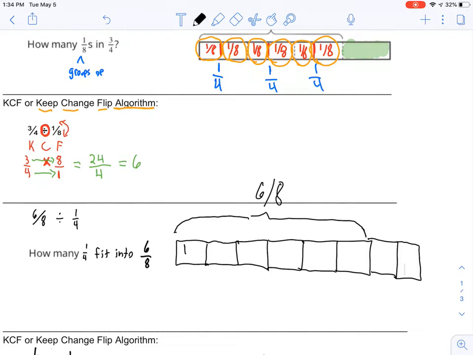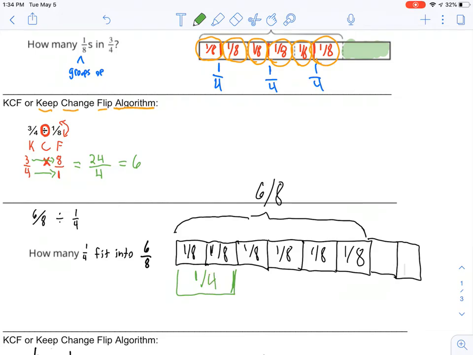So if each one of these is an 8th, 1/8, 2/8, 3/8, 4/8, 5/8, 6/8, how many groups of 1/4 will fit in there? Well, what do we know? We know that 1/4 is the size of 2/8.